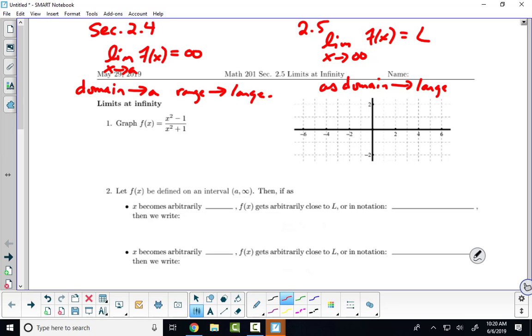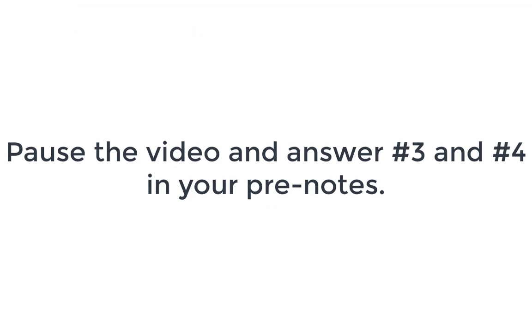As the domain values get large, do the range values approach some number L? Okay? So this is how you've got to keep track of these two different types of issues. Because we use different techniques in different types of problems. All right. So that's actually the summary of this entire lesson. Okay? But let's actually jump into it.